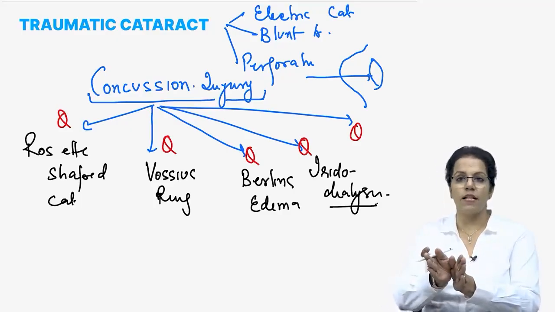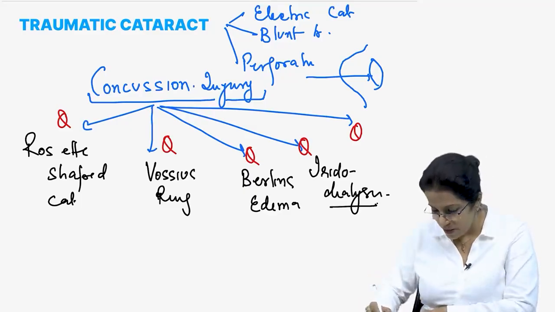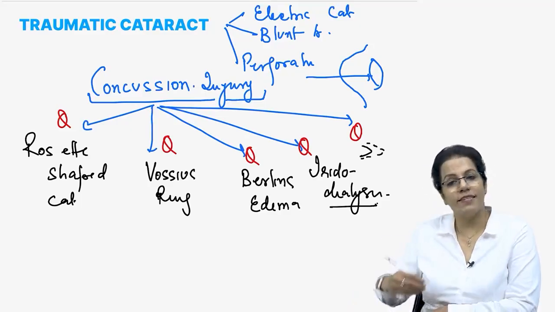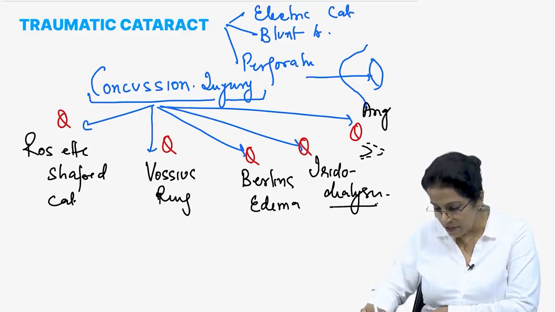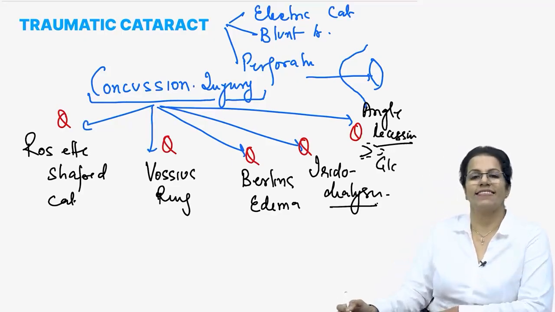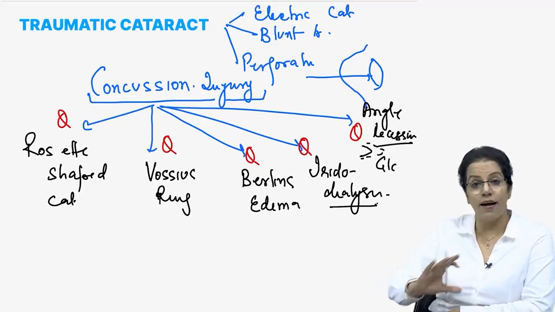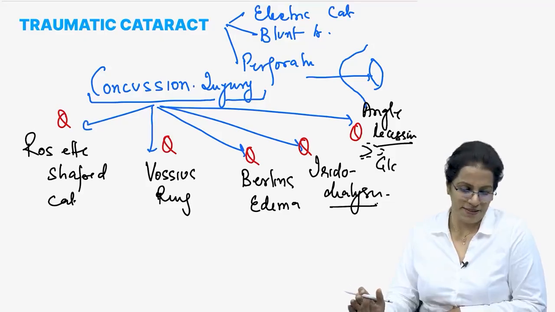The angle which was like this is now more behind, receded. We'll learn again in detail in the glaucoma chapter. Just note down here, angle recession glaucoma. It happens due to recession, meaning to go behind, due to a tear in the ciliary body. These are some headings you have to know for your exams, and these are important features of blunt trauma, right?